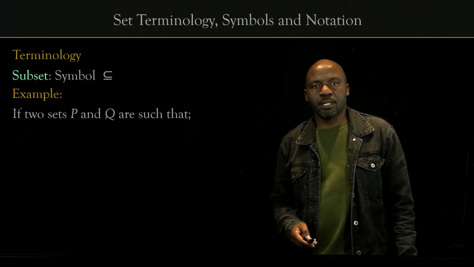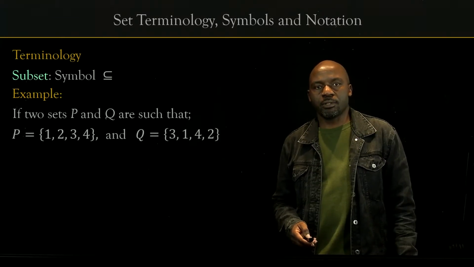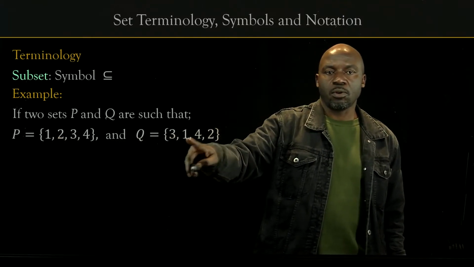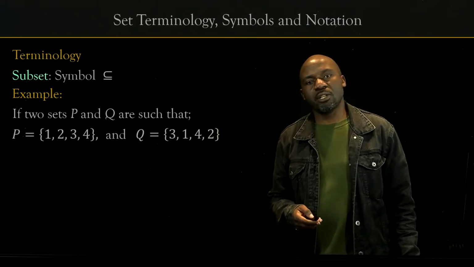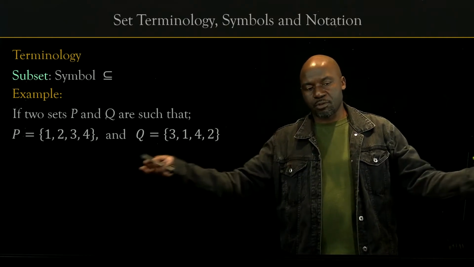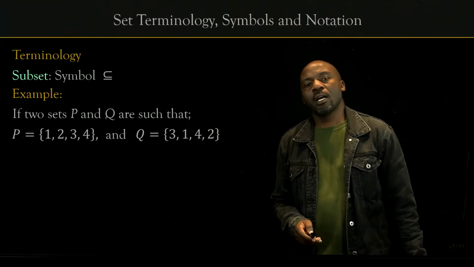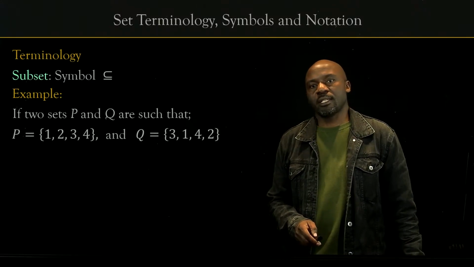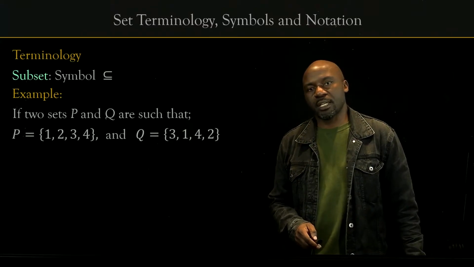If the two sets P and Q are such that P is 1, 2, 3, 4 and Q is also given by 3, 1, 4, 2, you can see all the elements in P are in Q, and all the elements in Q are also in P. So effectively P and Q are kind of the same set, except they are not the same set because they are two sets of objects in different physical places. So we don't say that set P is equal to set Q. Instead, we say that set P is a subset of Q and Q is a subset of P.